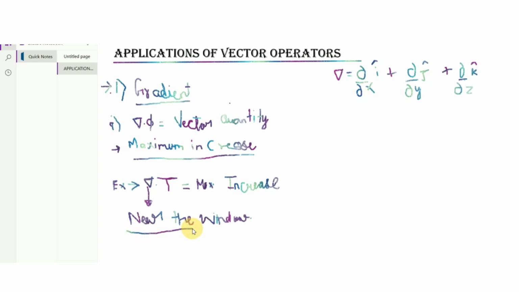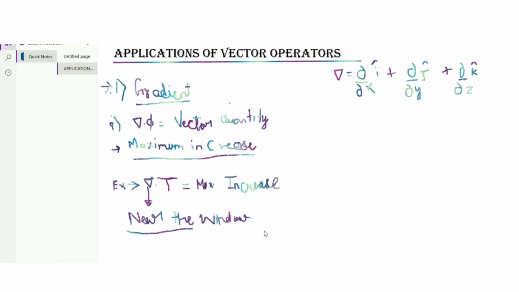what we will get is that the direction of the vector obtained by taking the gradient of the temperature is away from the window. It means the direction is in the maximum increase of that temperature. The maximum increase of temperature near the window is away from the window, inside the room, not outside the room, because outside the room the temperature is decreasing continuously, since the effect of heat is not the same as in the room.